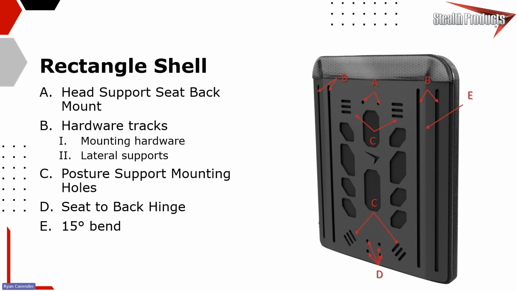You've got slots for posture supports that you can either bolt the belt anchors straight to, or you could actually weave a 1-inch posture support directly into the shell if you were so inclined to do so. And then we have all of those cutouts there that help reduce the weight.